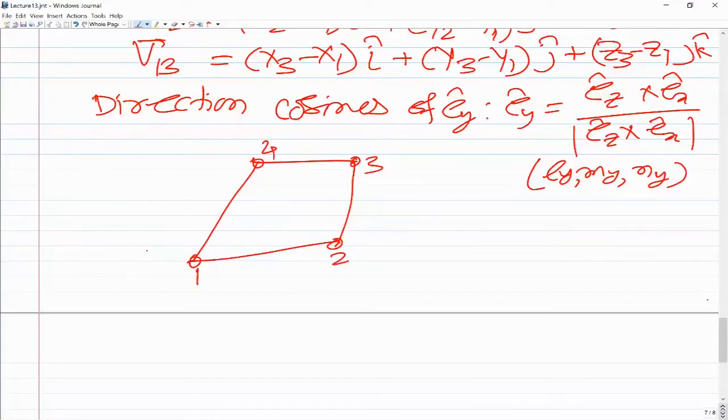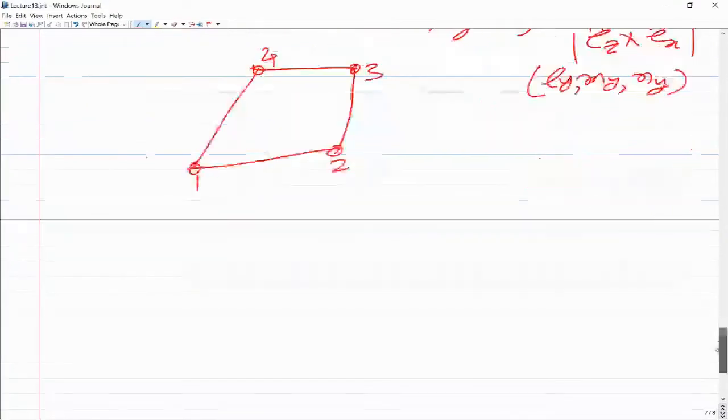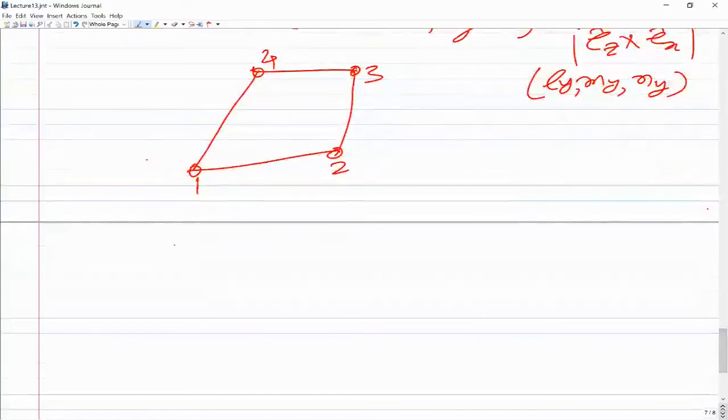Each node has degrees of freedom with respect to local coordinate axes. For the first node, that is u naught 1, v naught 1, w1, theta x1, and theta y1. And because we are going to assemble the different elements, the rotation about x and y for another element might contribute to rotation about z.